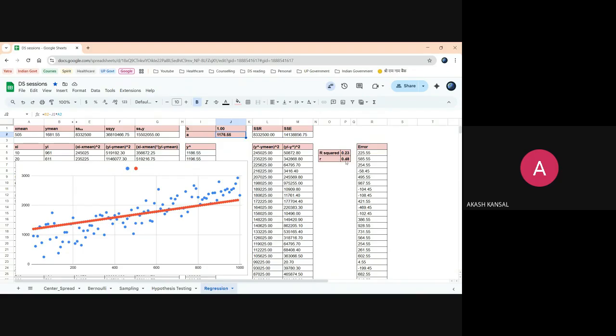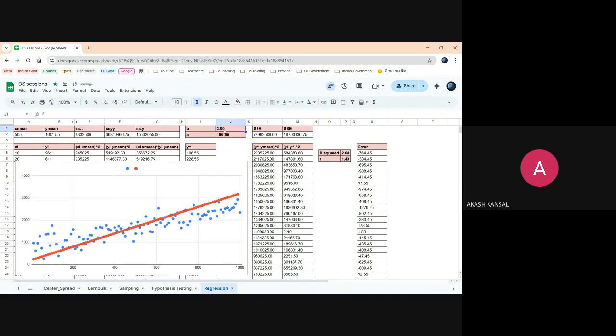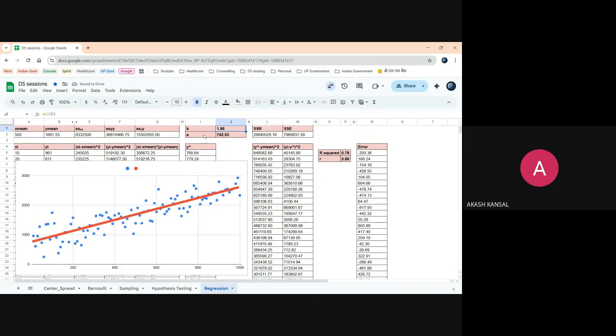It becomes 0.48 and your r squared decreases, right? So, you can try with other acceptable values of b, not values like 3, because then it would not make sense, right? Your r should never be greater than 1. All the acceptable values of b, if you try with them, you will see that the maximum r squared that you get is 0.78, and it will be based on the formulas that we have seen.